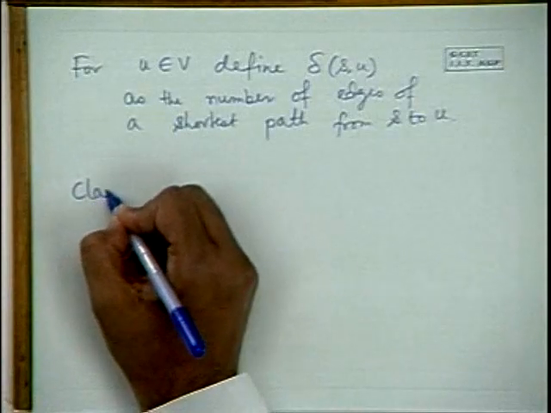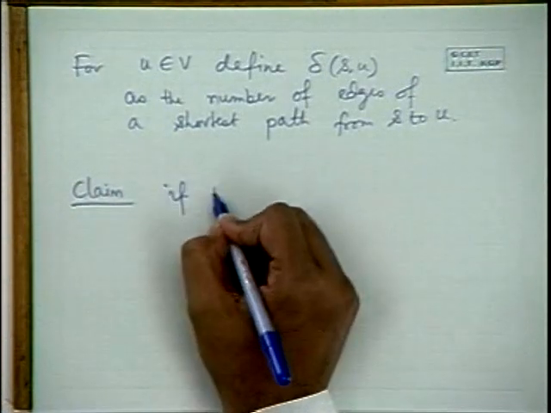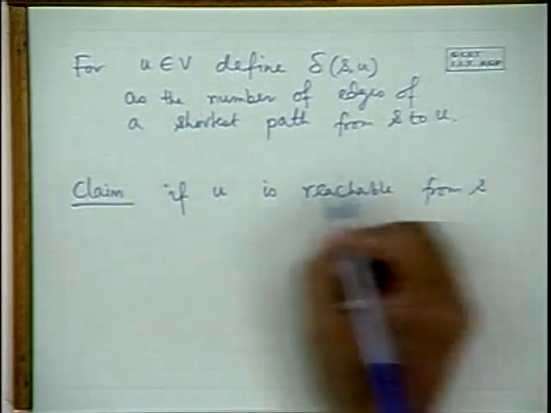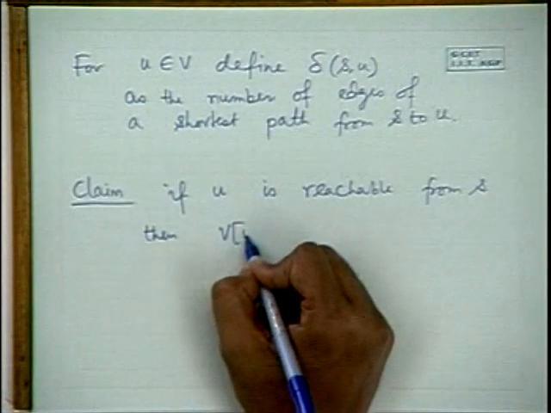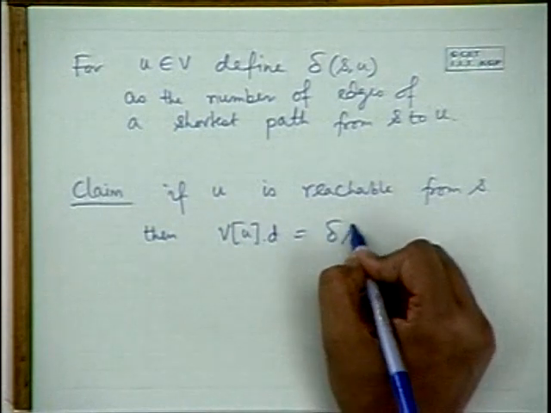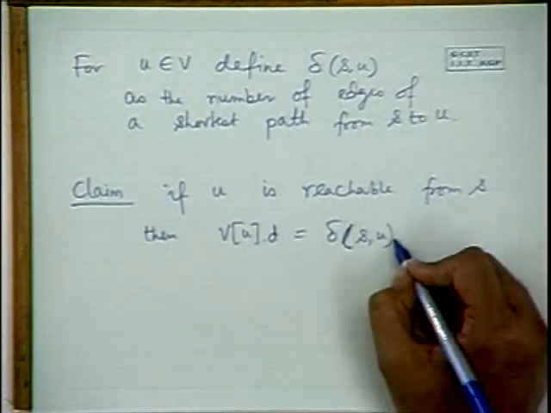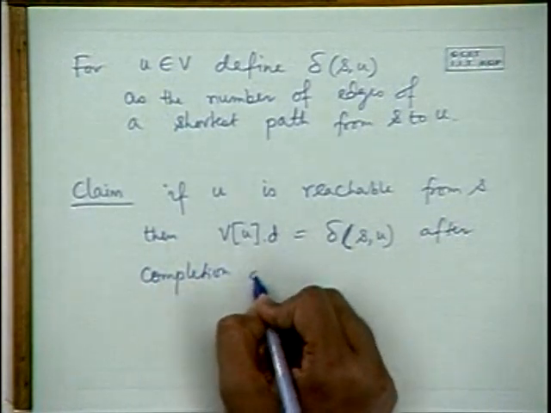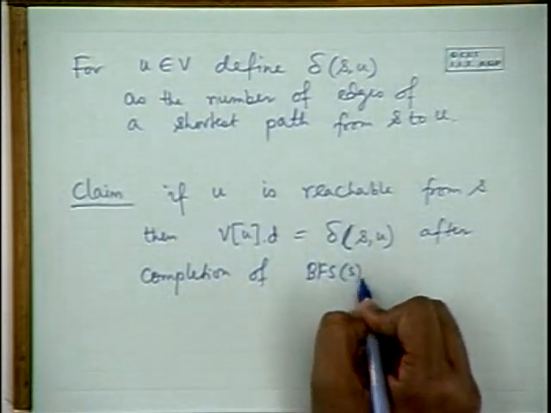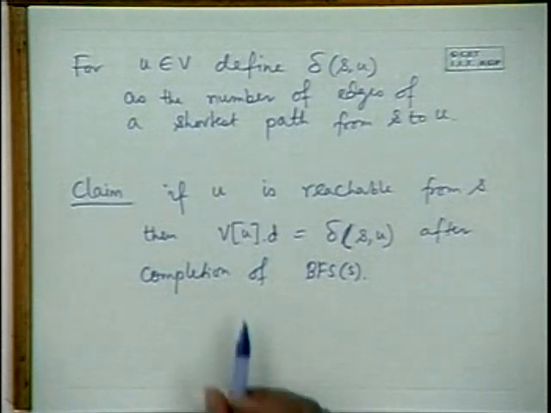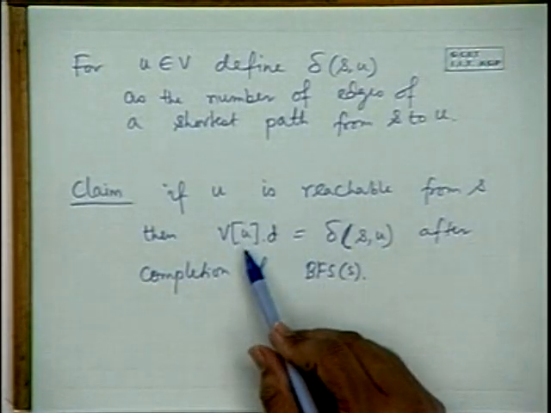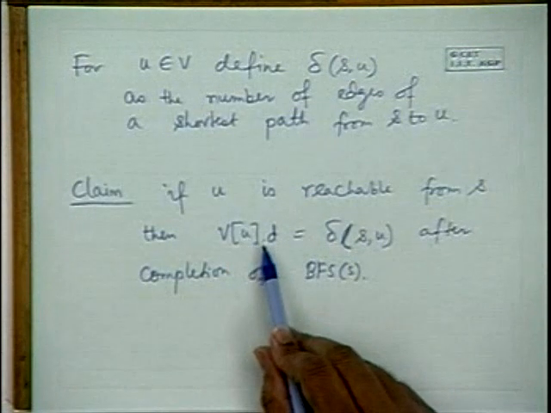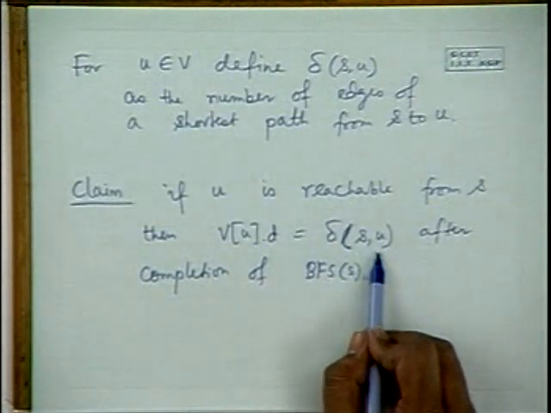So here is the claim: if u is reachable from S, then u.d field is nothing but delta of S, u after completion of BFS from S. So when you complete BFS from S, if u can be reached from S, if there is a path, then the d field is exactly equal to the length of the shortest path from S to u.